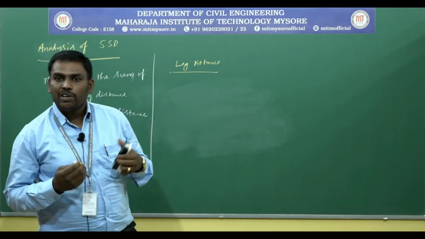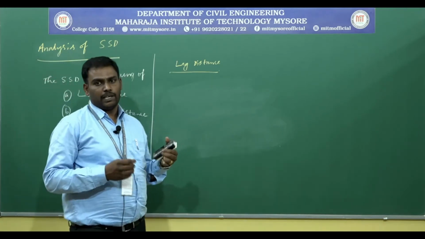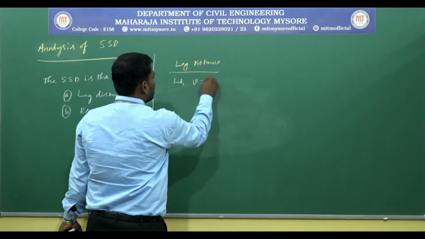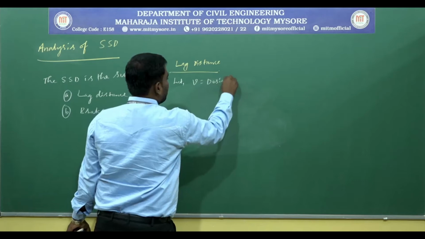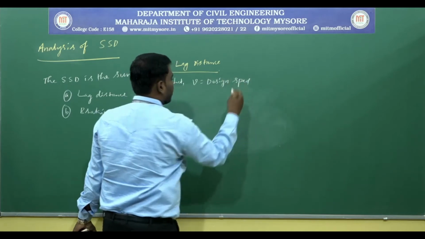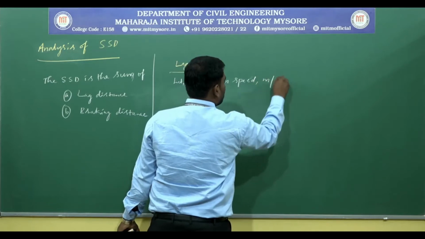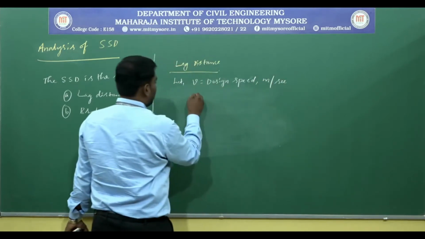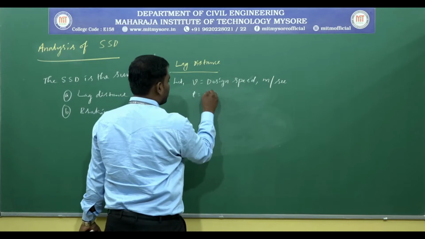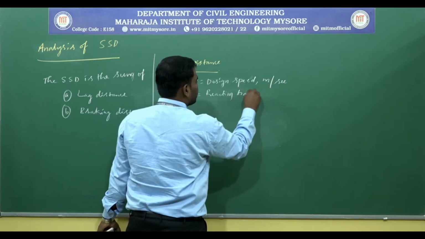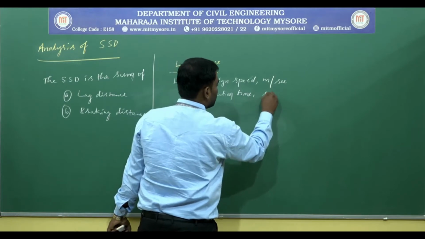Let v be the design speed of the vehicle in terms of meter per second, and t be the reaction time of the driver in terms of seconds.